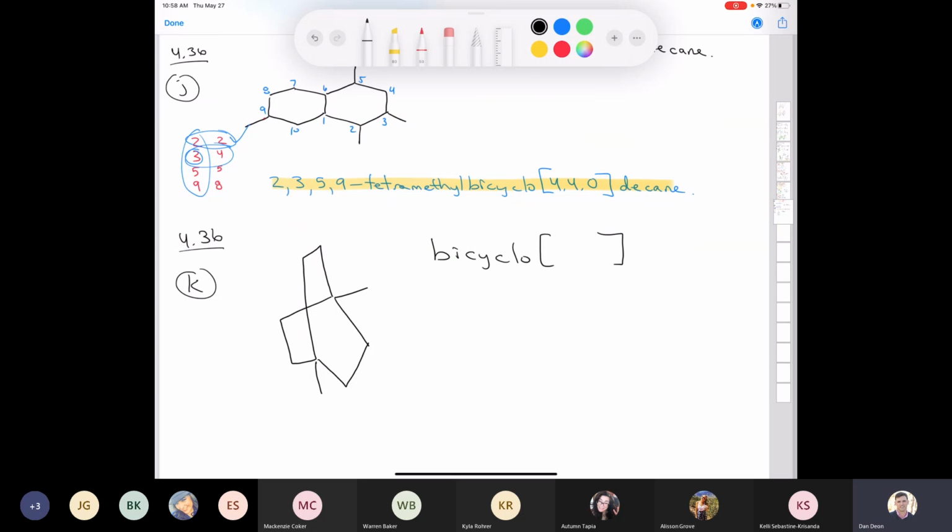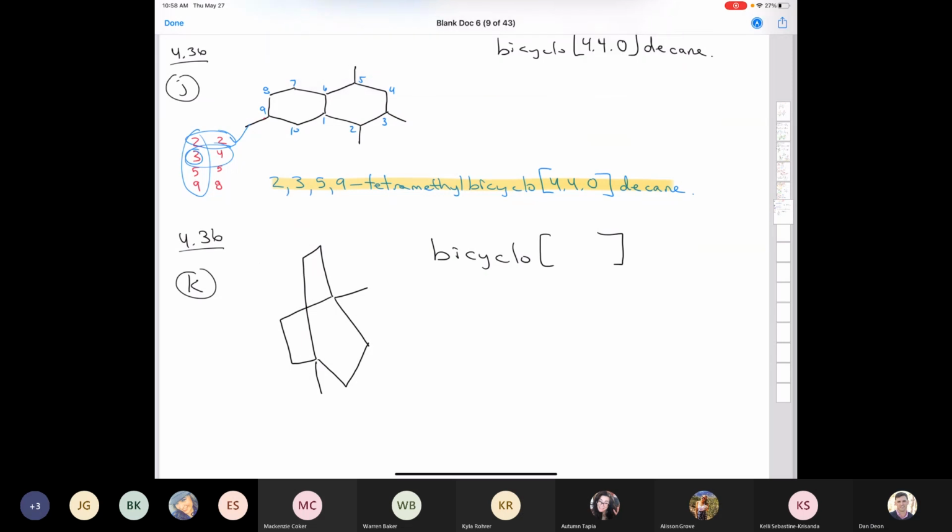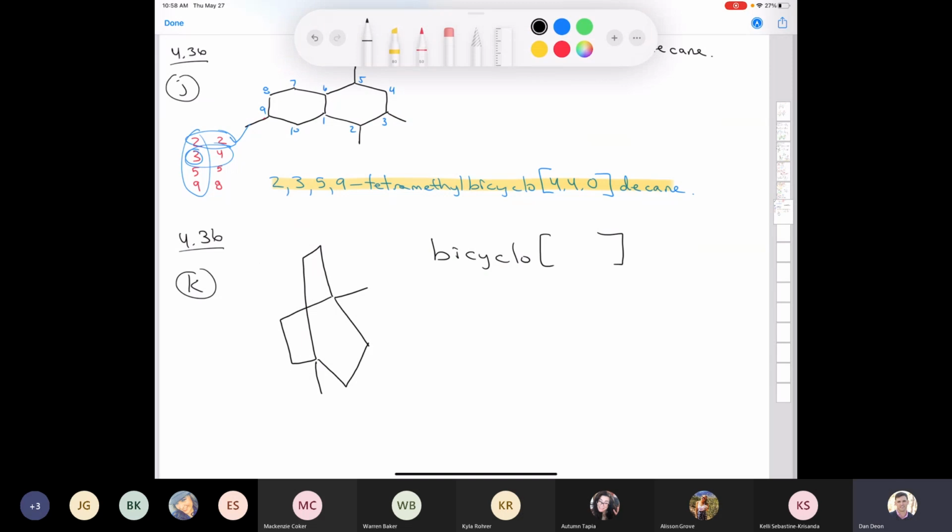Could anybody tell me how many total carbons are in the bicyclic system? How many total carbons would be in the bicyclic system?